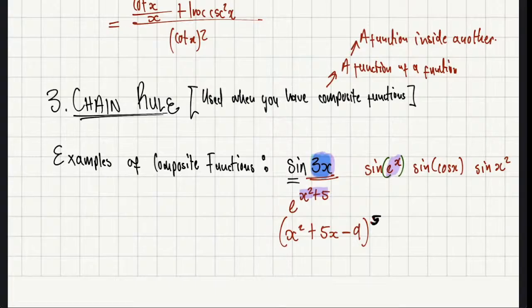On the list, what type of function would this be? Which is x and powers and just this. This would have been the easiest, the polynomial, right?